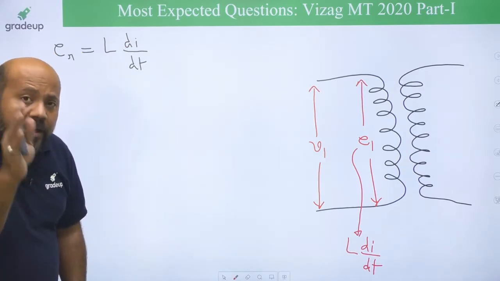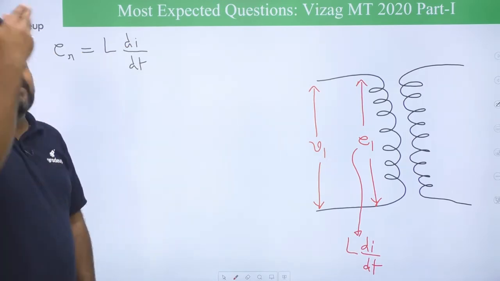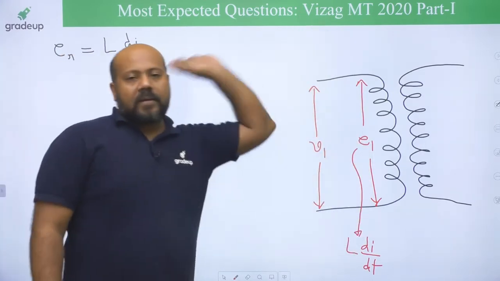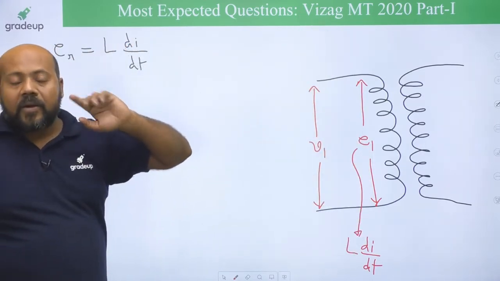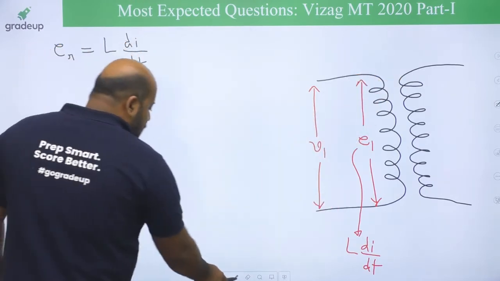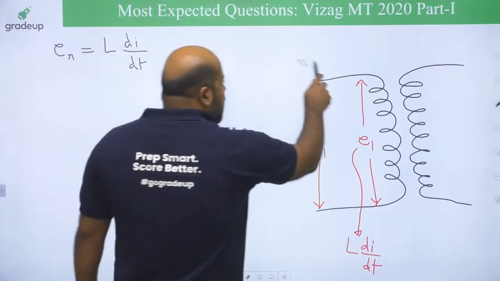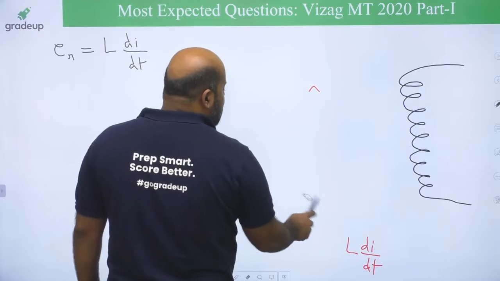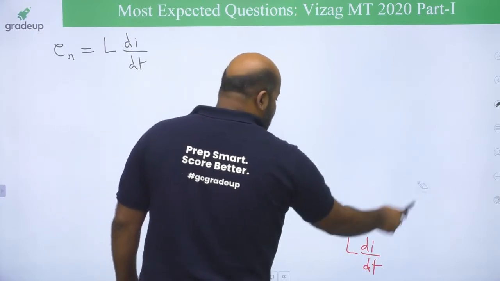The EMF induced because of the self-inductance property of the coil is called L di by dt. Now, in case of commutation that we are discussing, this L di by dt is actually the reactance voltage, which opposes the change in the current, the sudden reversal of the current in the commutating coil.